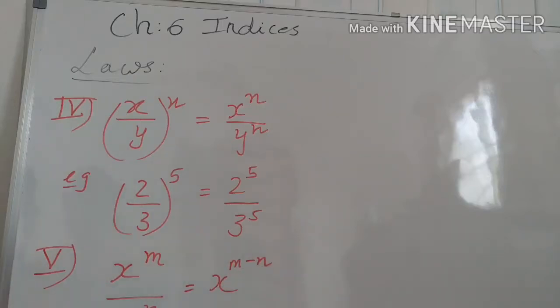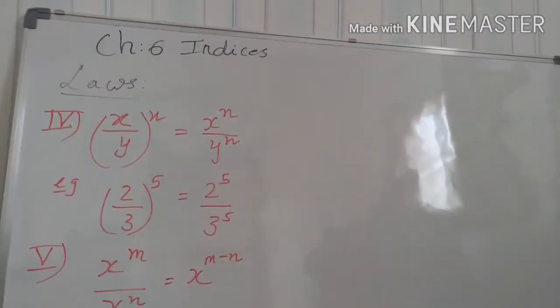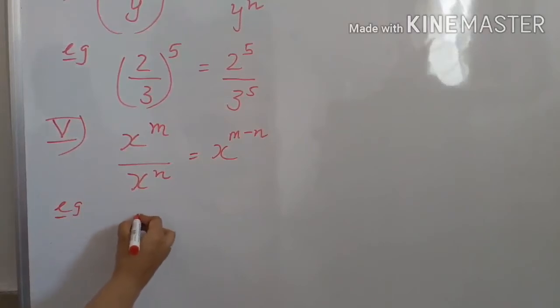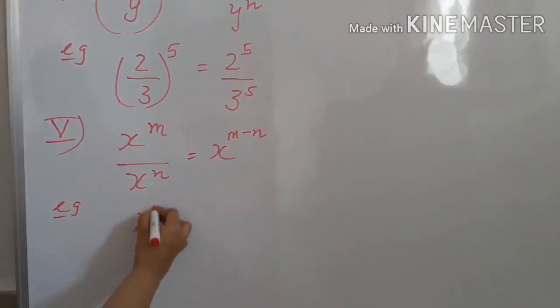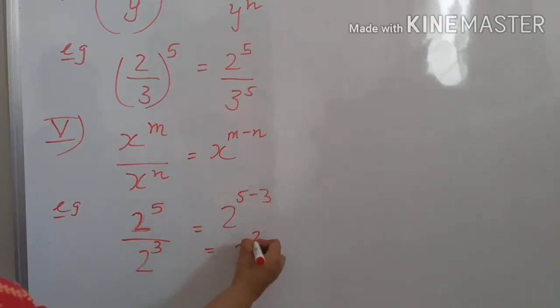Taking an example, suppose here 2 power 5 and this is 2 power 3, then we can subtract: 2 raised to 5 minus 3. So here we get 2 square as our answer.